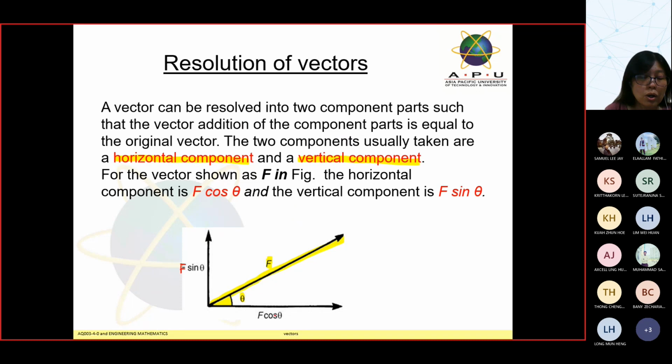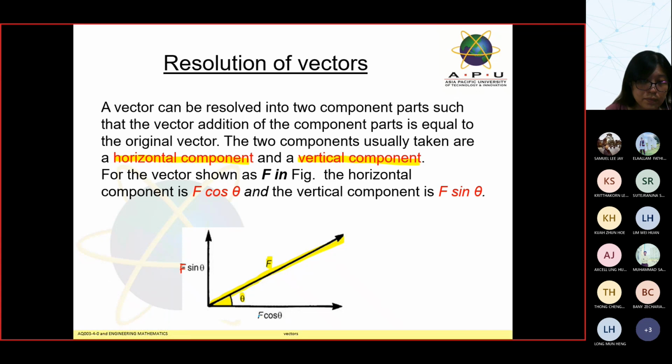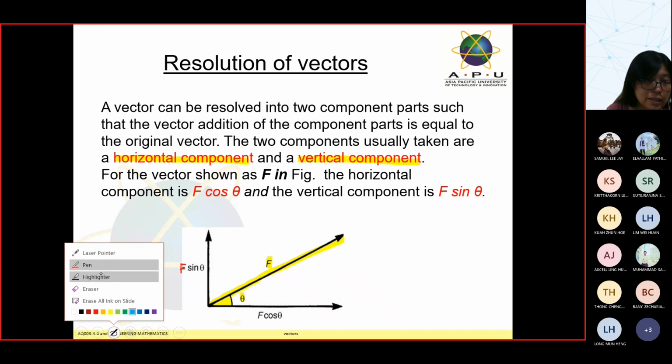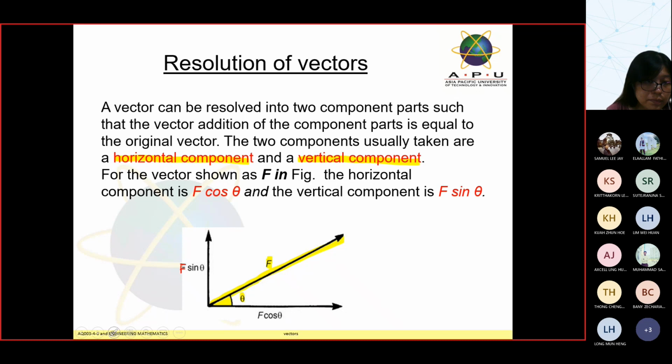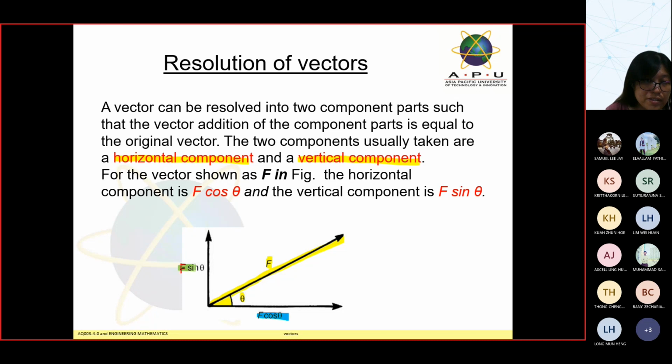Then the horizontal component of F will be F cos theta, and the vertical component will be F sine theta. So F cos theta, F sine theta.